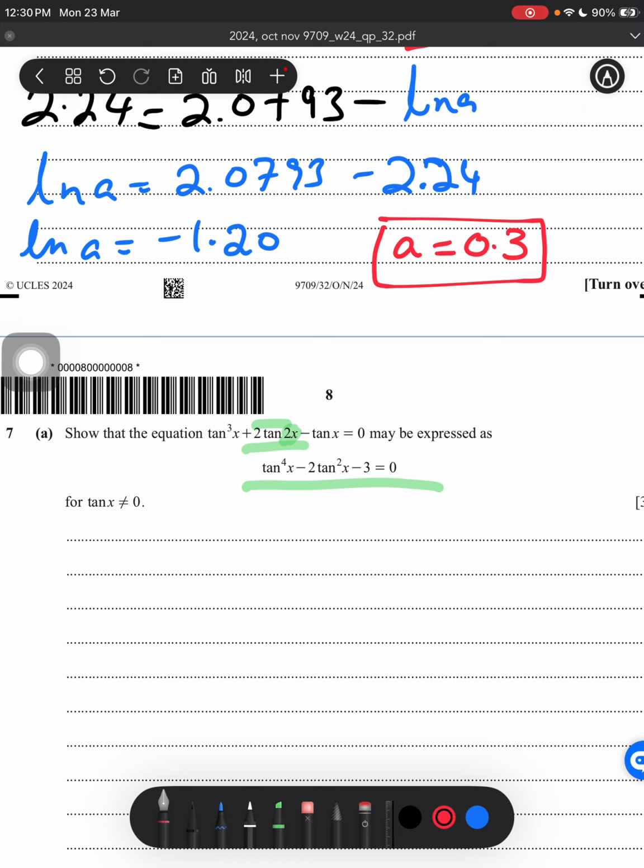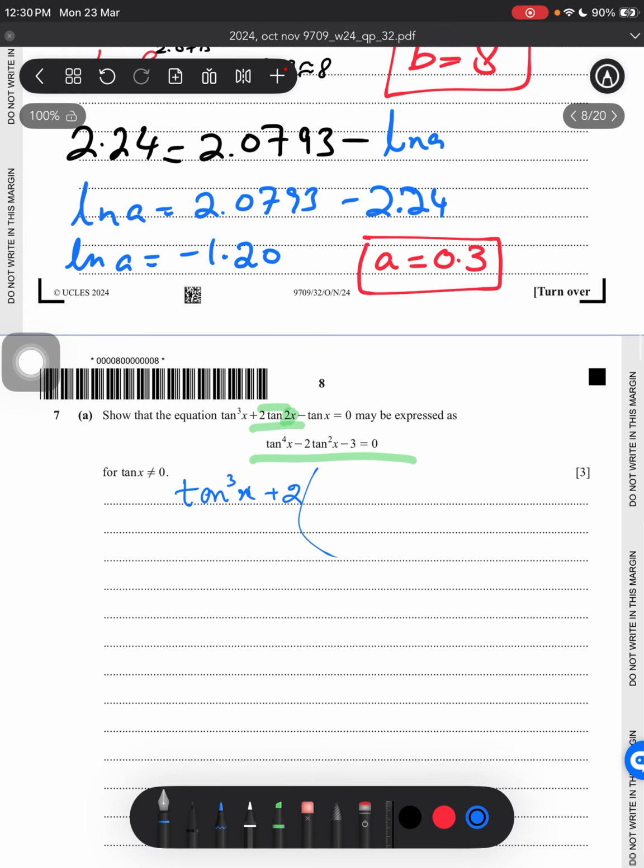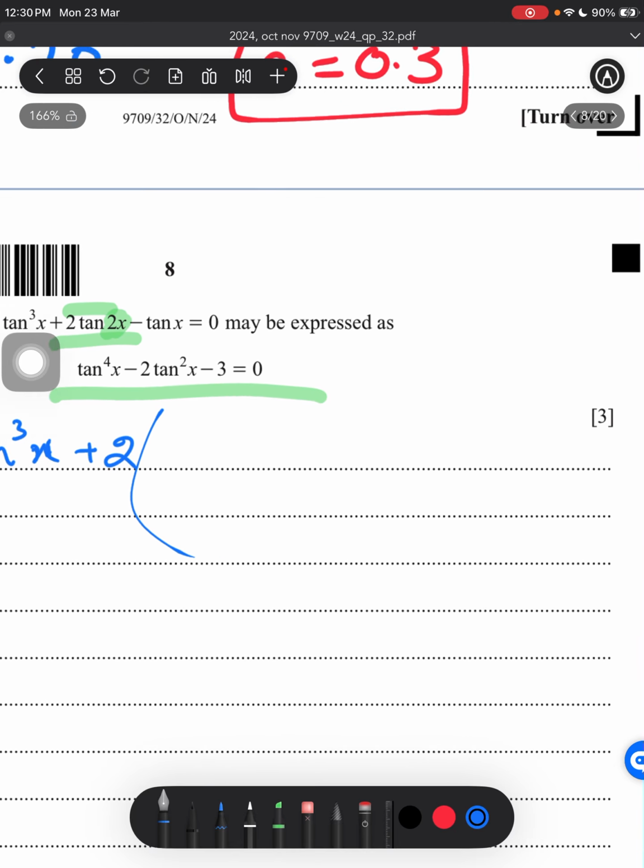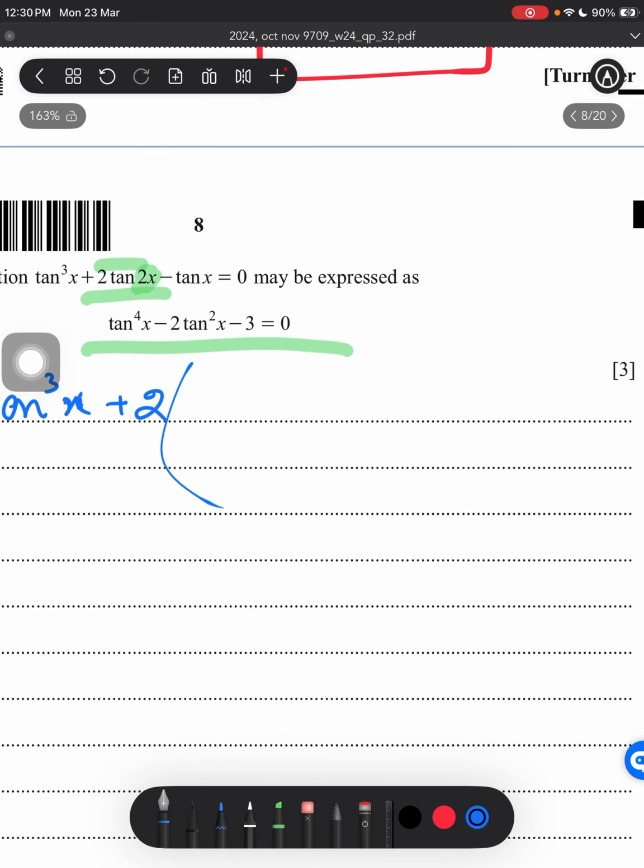First of all, let me rewrite the equation as tan cube of x plus 2 tan 2x minus tan x equals 0. Instead of tan 2x, I'll plug in the identity.